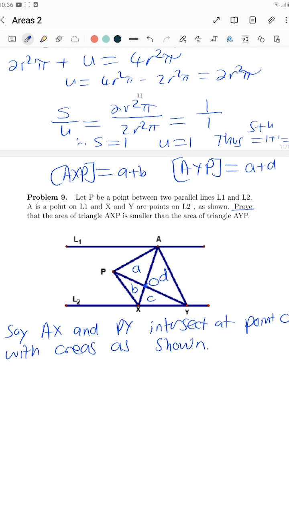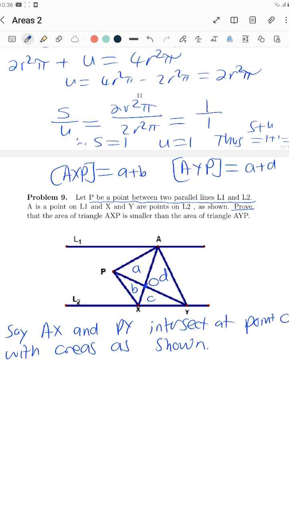So looking at this diagram, what do we know? We know by rereading the problem that P is a point between the two parallel lines L1 and L2. Knowing that P is a point between the two parallel lines, what useful thing can we focus on regarding areas?